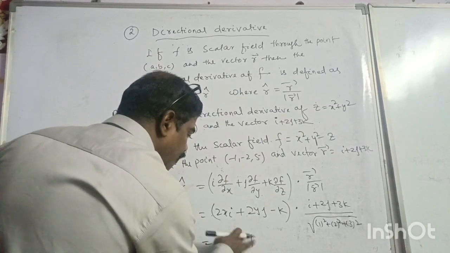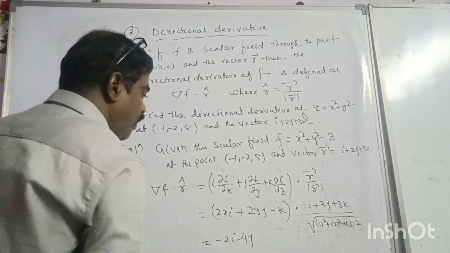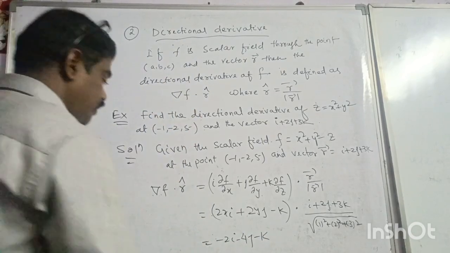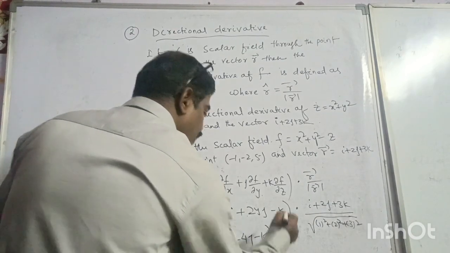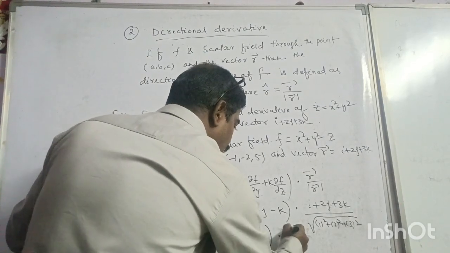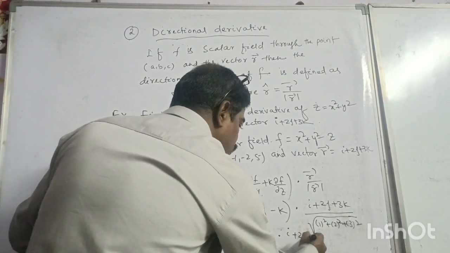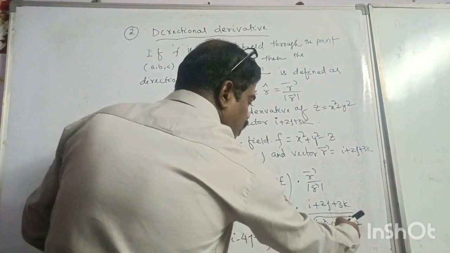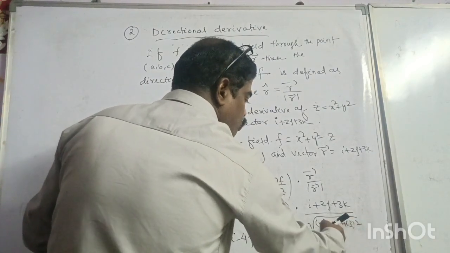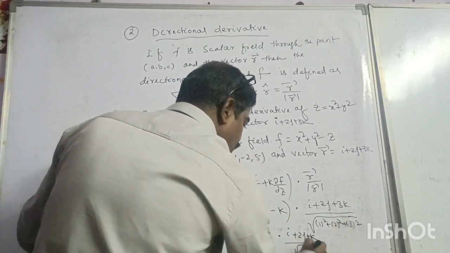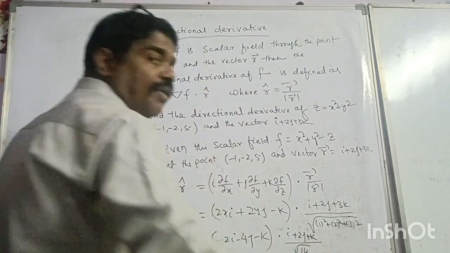Understand or not? -2i minus 4j minus k dot i plus 2j plus 3k by under root of 1 plus 4 plus 9, which is 14.